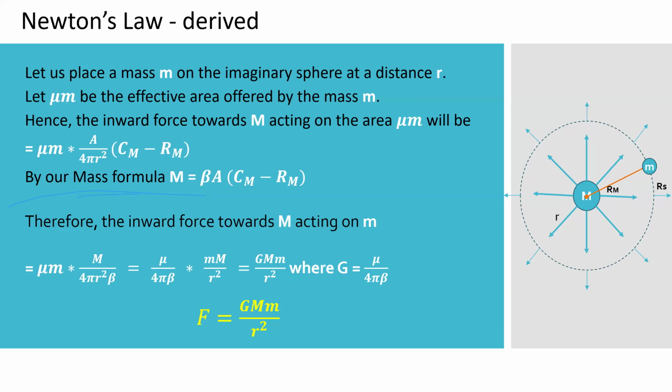It is drawing every object towards the Earth. In the same way, all the other objects outside also will attract the Earth towards them. That is the repulsive force. Actually, this is what Newton himself has considered.